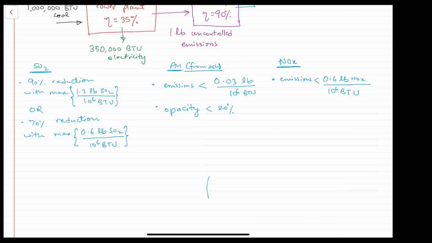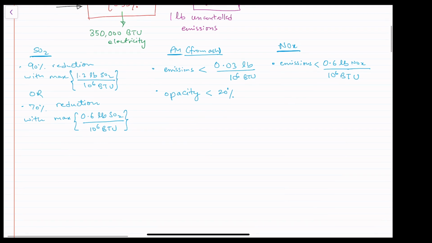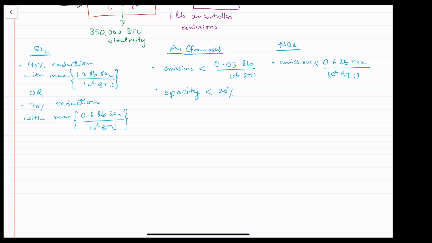To calculate emissions, the uncontrolled emission rate, we would need something called the emission factors. And for this, there's a document, AP-42, that has a compilation of all emission factors.